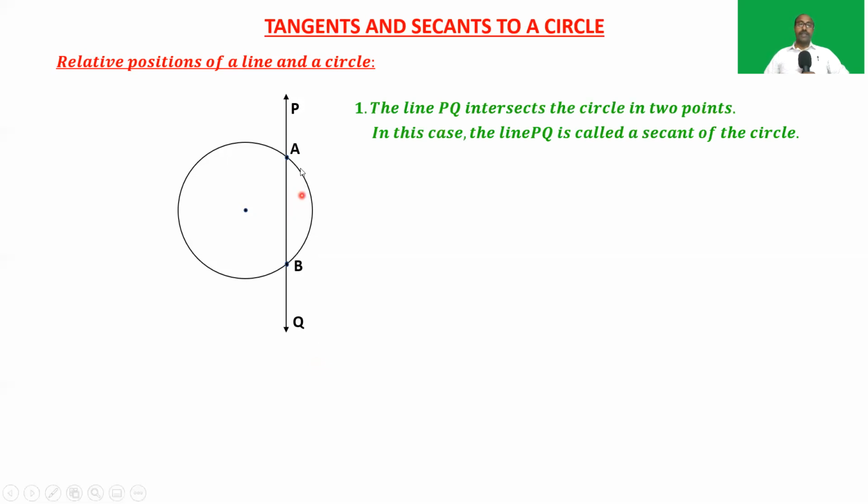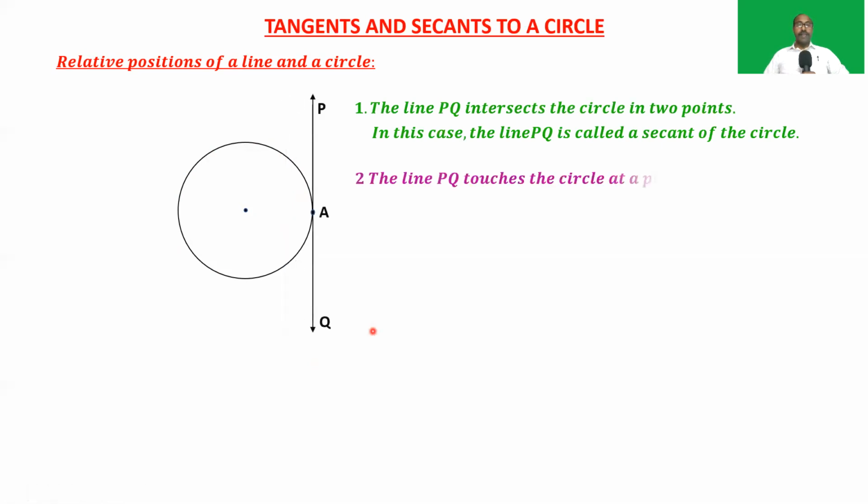Okay, so the secant intersects the circle in two distinct points, and if the line PQ touches the circle at a point, then the line PQ is called a tangent of the circle.